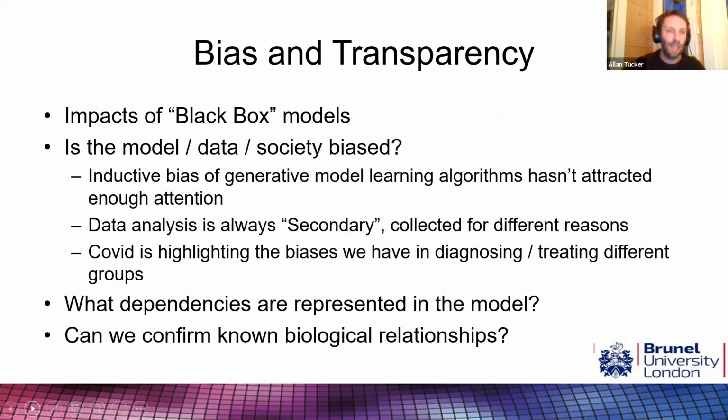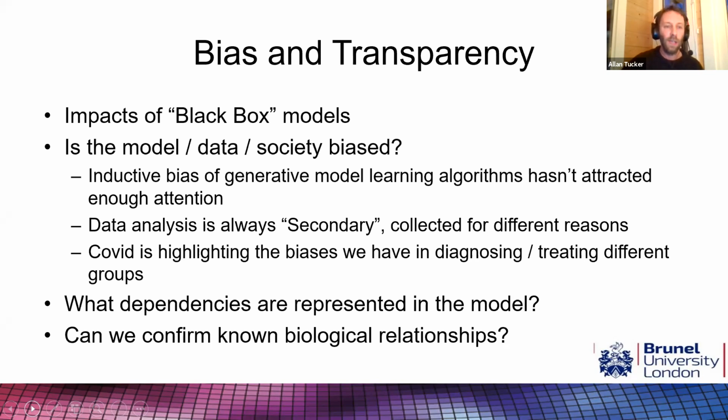So, as I said, the impact of having a black box model can be considered risky in some ways. If we start generating synthetic data from a model that's been learnt from a data set, which could be huge, we don't always know what the biases involved are.